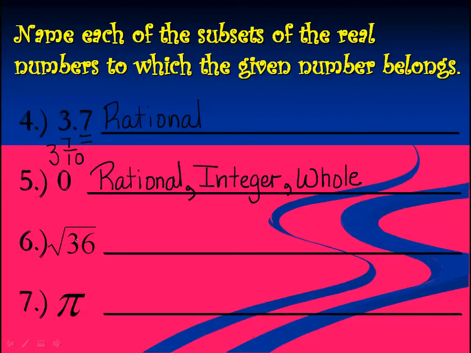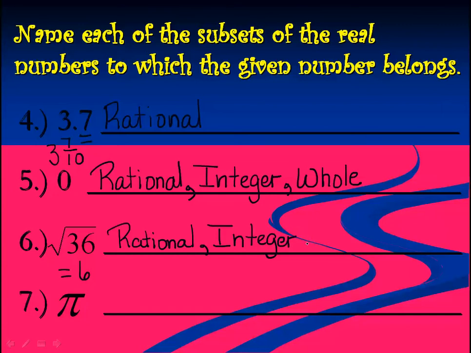The square root of 36. Now notice the square root on the last page was actually an irrational number, but since the square root of 36 is 6, this is a rational number. The square root of 36 is also an integer.